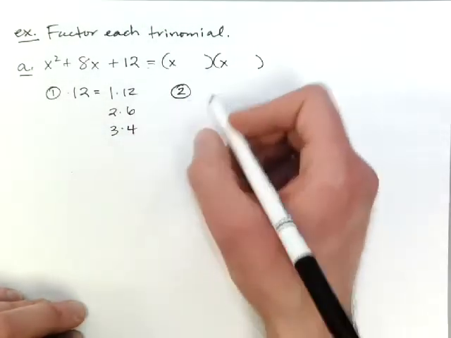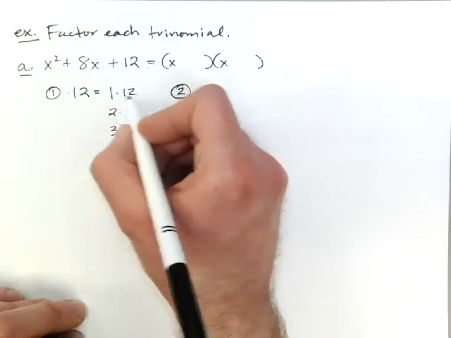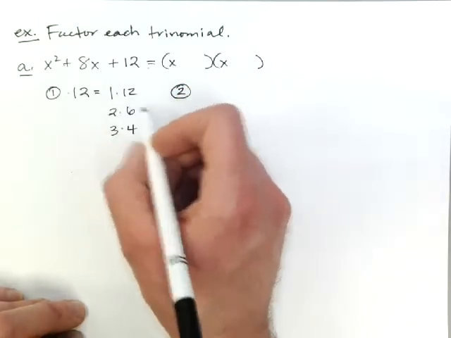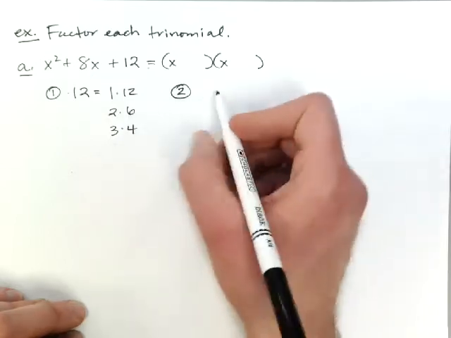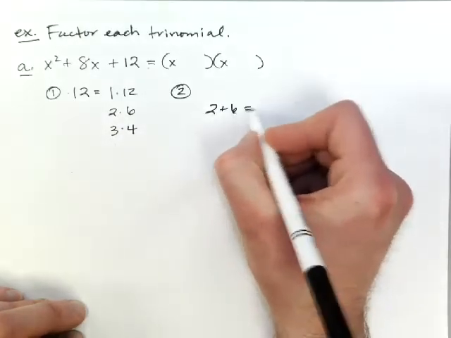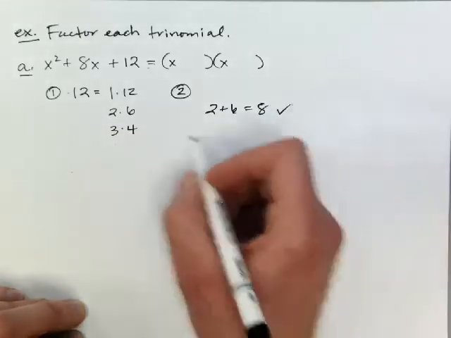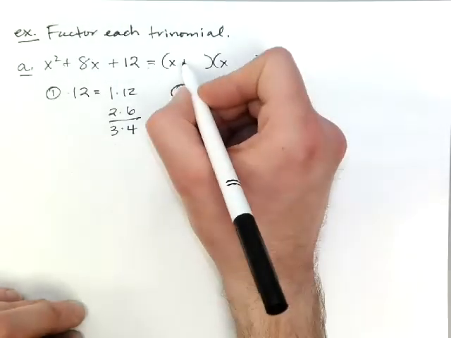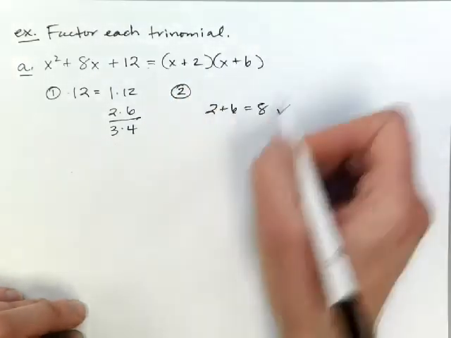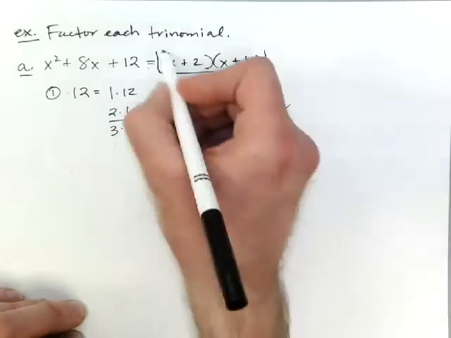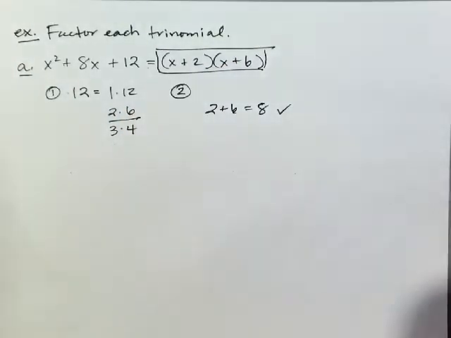So those are 3 factorizations. As we go through them and see what they add up to, I think we can tell 2 plus 6 equals 8. So that is our factorization: x plus 2 times x plus 6.